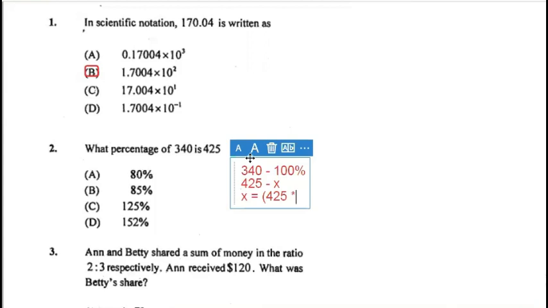So x is equal to, so we're cross multiplying, so it is 425 multiplied by 100%, and all of that is divided by 340, and we can cancel by saying 20 into 100 goes 5 times, and 20 into 340 goes 17 times. So we're left with x is equal to 425 multiplied by 5, and all of that is divided by 17.